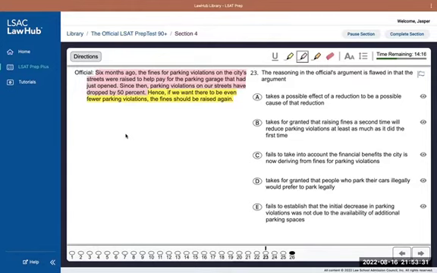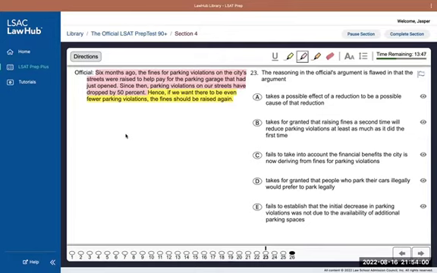So the conclusion is, hence, if we want there to be even fewer parking violations, the fines should be raised again. So this suggests that raising the fines is in fact responsible for the drop in parking violations, and that a further increase in the fines would cause fewer parking violations again.